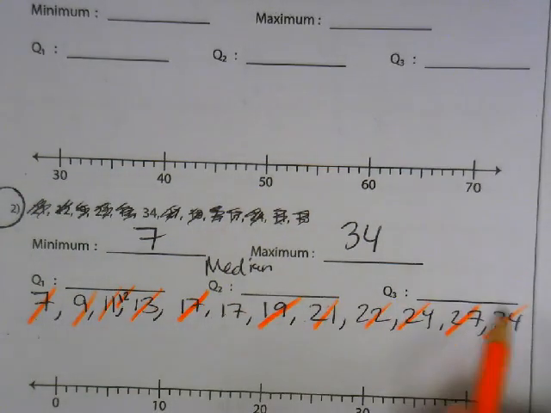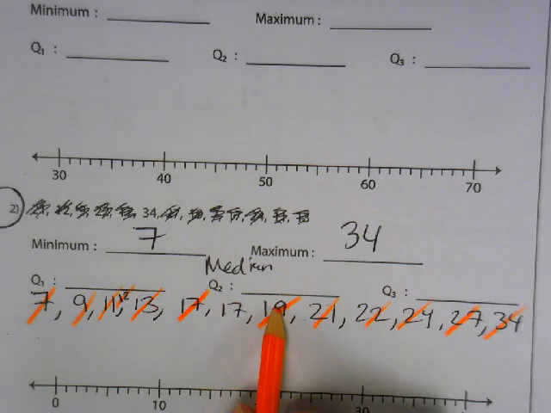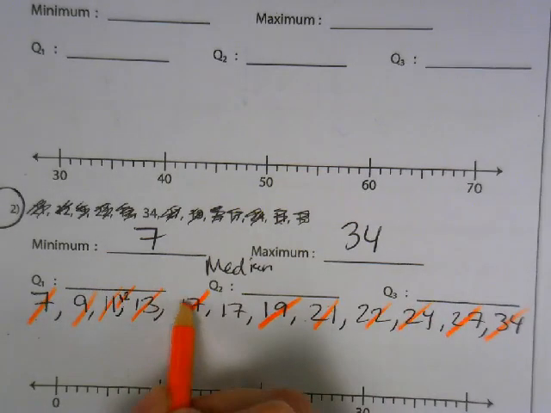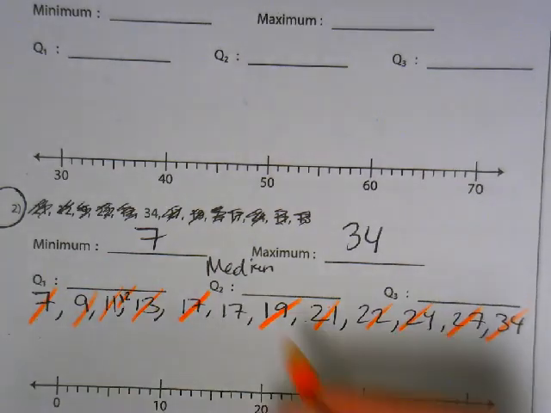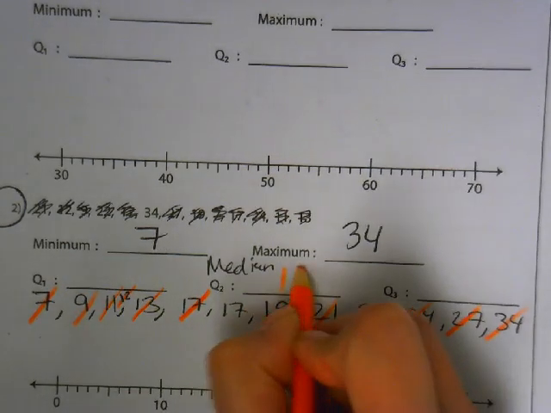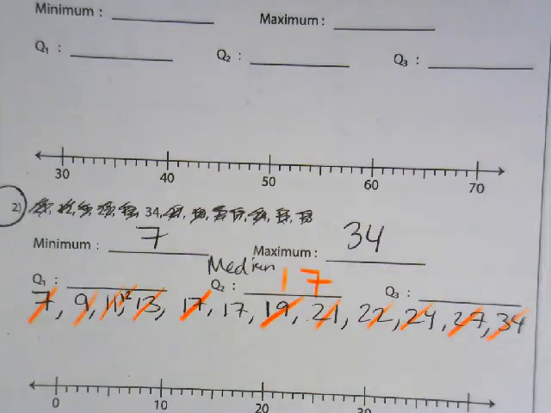I crossed out 6 on this side. 1, 2, 3, 4, 5, 6. So we got what? 17. So that goes there.